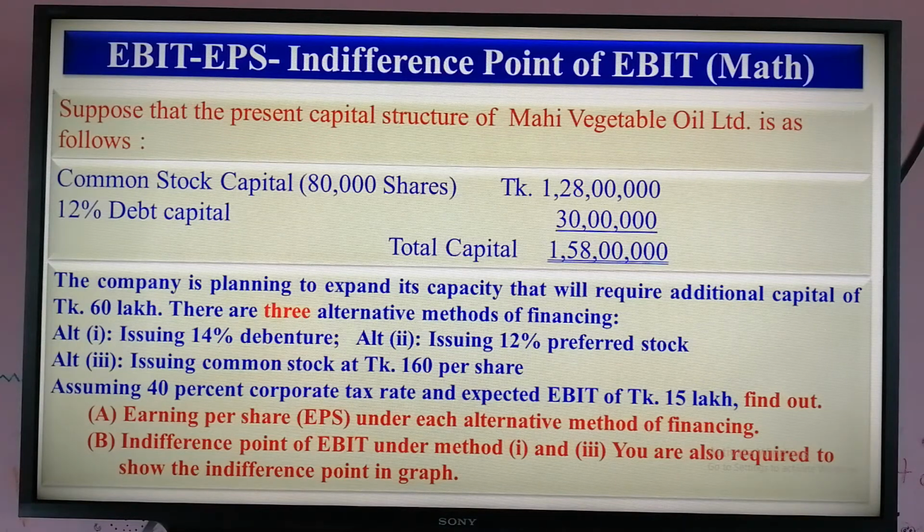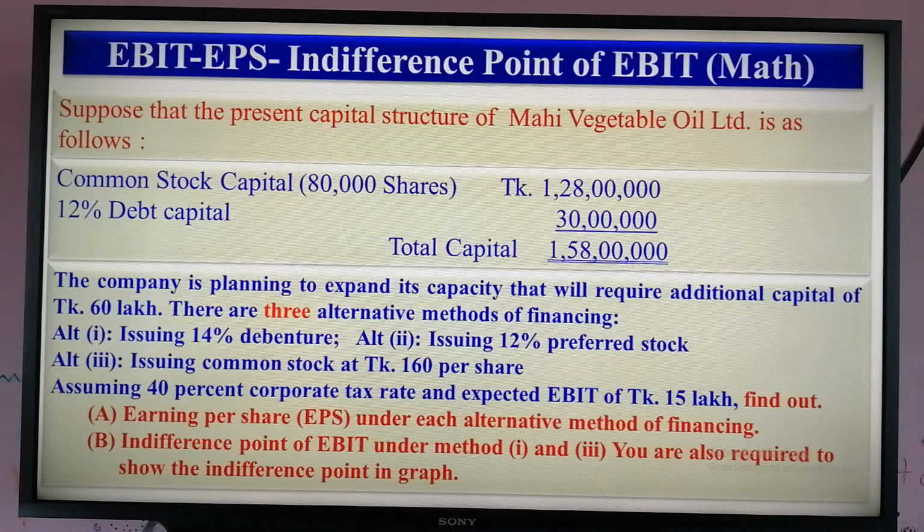So my dear student, you need to know how we can solve it. Always remember, think of yourself as Mahi Vegetable Oil. You already have 1 crore 58 lakh Taka as capital, consisting of equity capital 1 crore 28 lakh and debenture 30 lakh. How many shares do you already have? 80,000 shares.